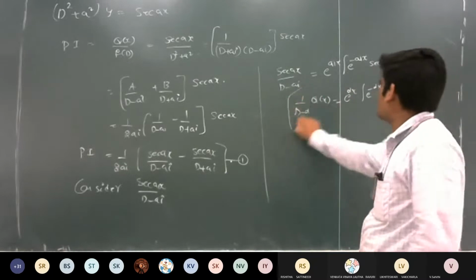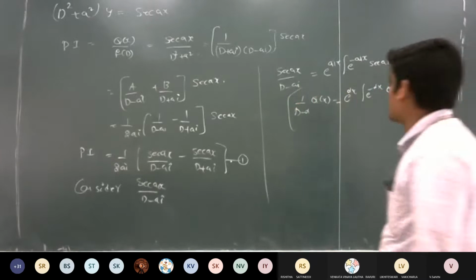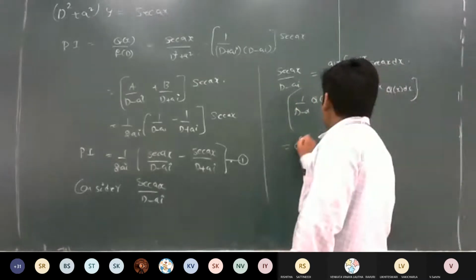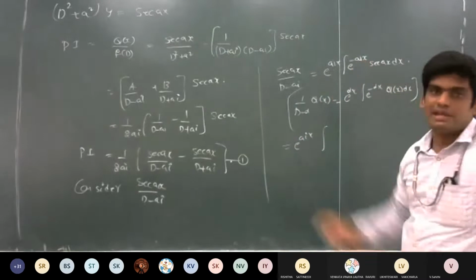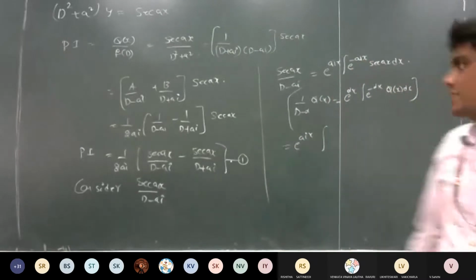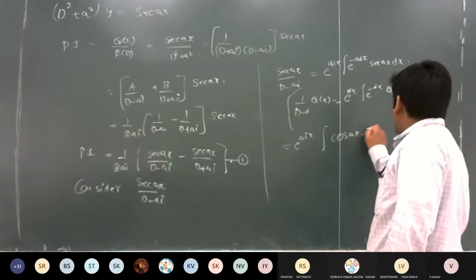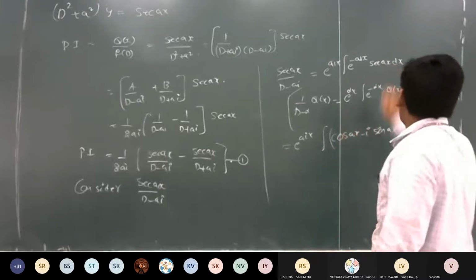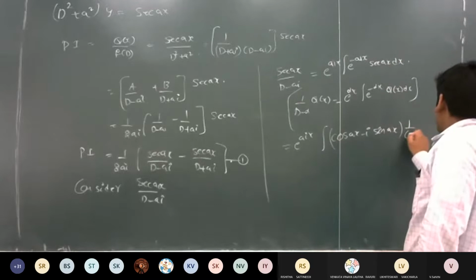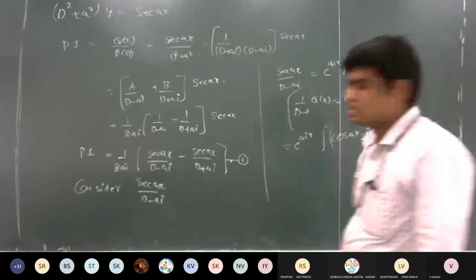Based on this, we simplify. What is e^(−iθ)? It is cos θ minus i sin θ, that is cos ax minus i sin ax. And sec ax is 1 by cos ax.